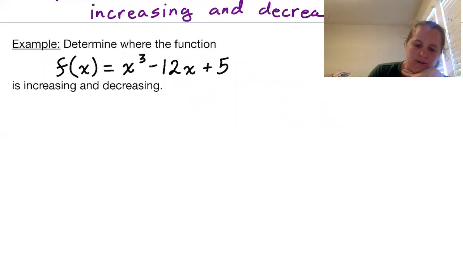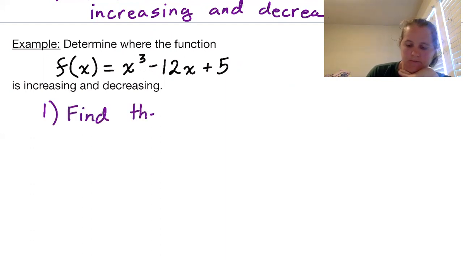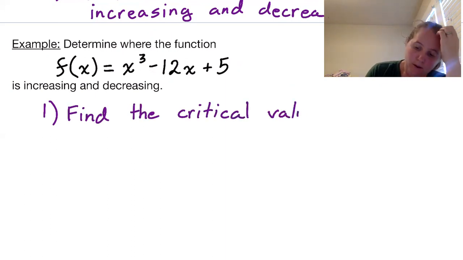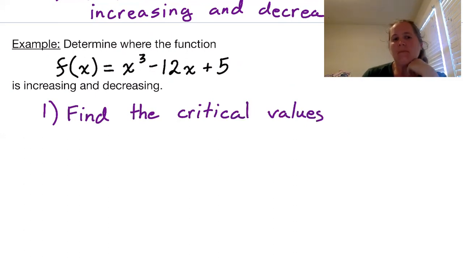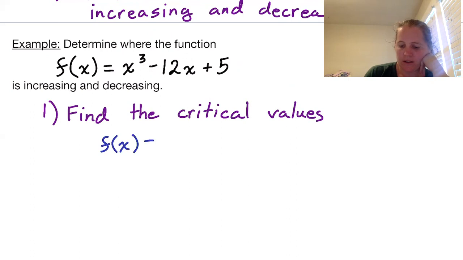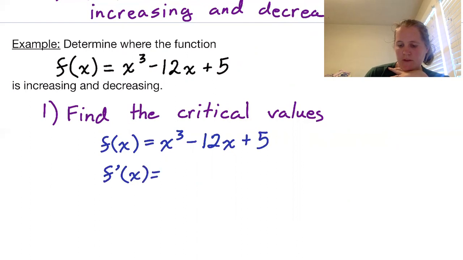So the first thing we need to do is find the critical values. We have f of x is x cubed minus 12x plus 5. So that means that f prime of x should be 3x squared minus 12.